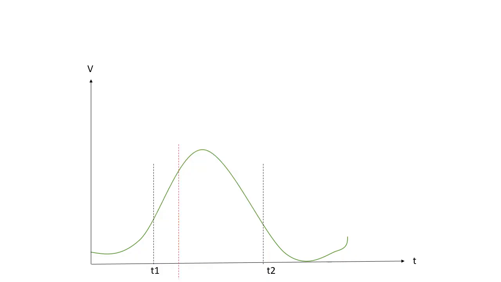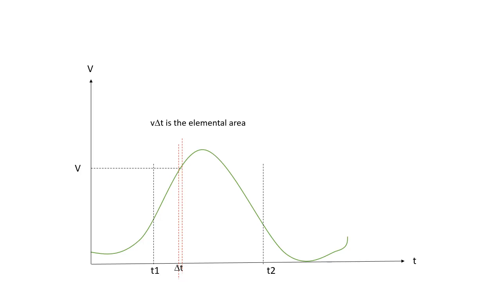Now to find this, let's consider a small elemental area, a small part of this curve where the change in time is delta t, a very small duration of time. Here the change in v is very, very minimal. Let's say the value of velocity here is v.